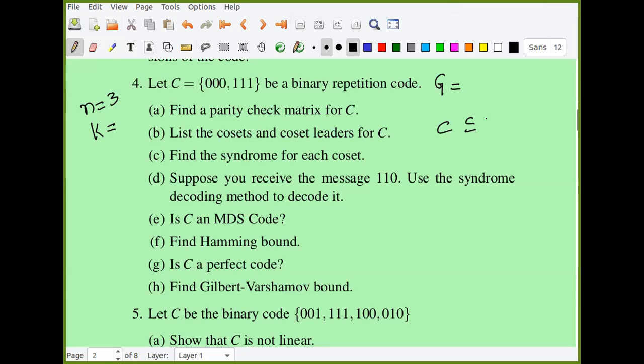C is a subset of F2 power 3, correct? So it is a linear code, right? Is C linear? I'm asking, just a little fast. This you know already. You see it is a linear code?